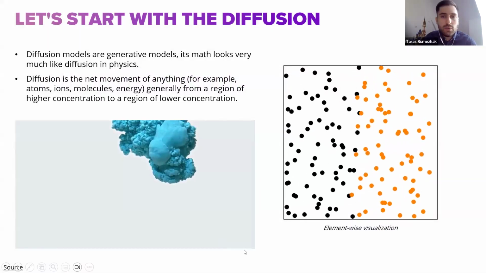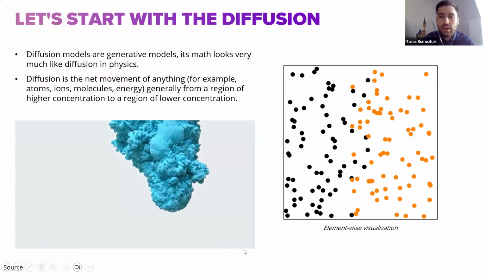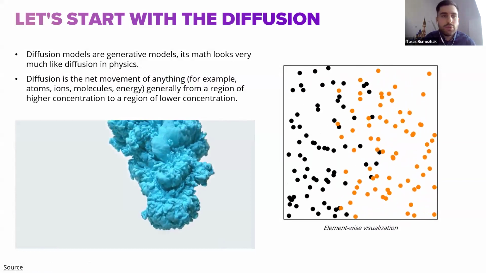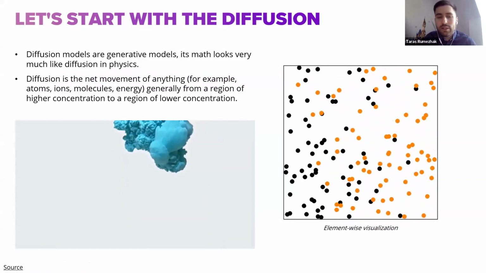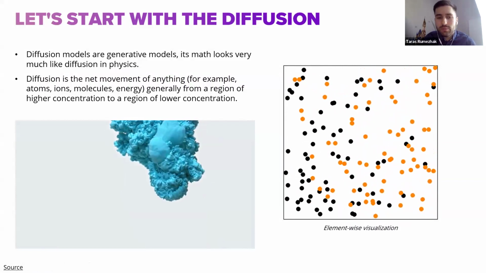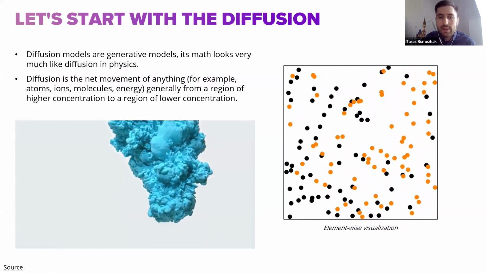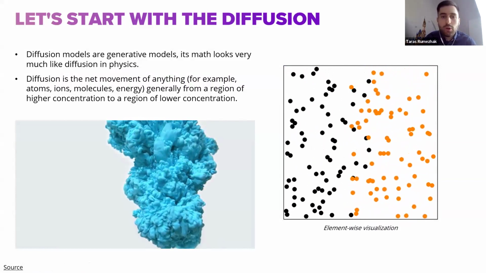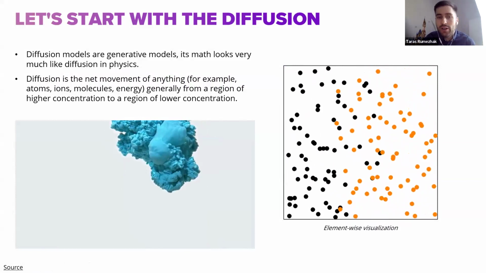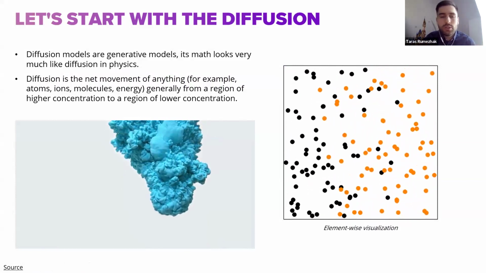Okay, so we are starting with some theory, with diffusion. In physics, the diffusion process is the movement of, for example, atoms, molecules, or energy from a region of higher concentration to a region of lower concentration.